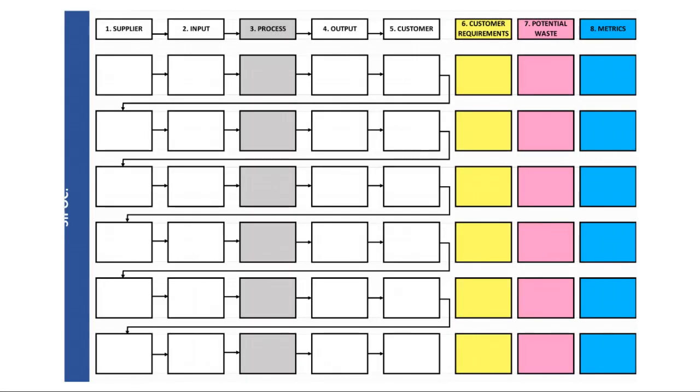There is an example of a template for SIPOC here. They started in this manner, and those colored boxes here are the customer requirements, potential waste, and metric. When you implement Lean Six Sigma, you add this part so you identify what the waste is and what the metric is for measuring the waste.